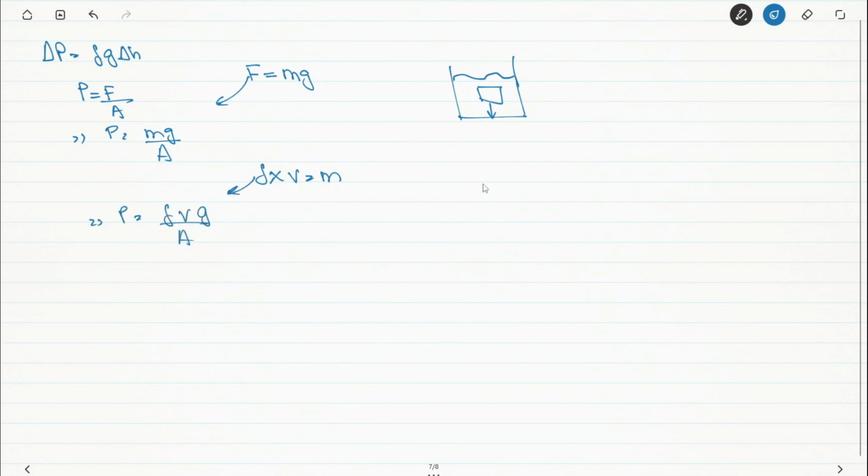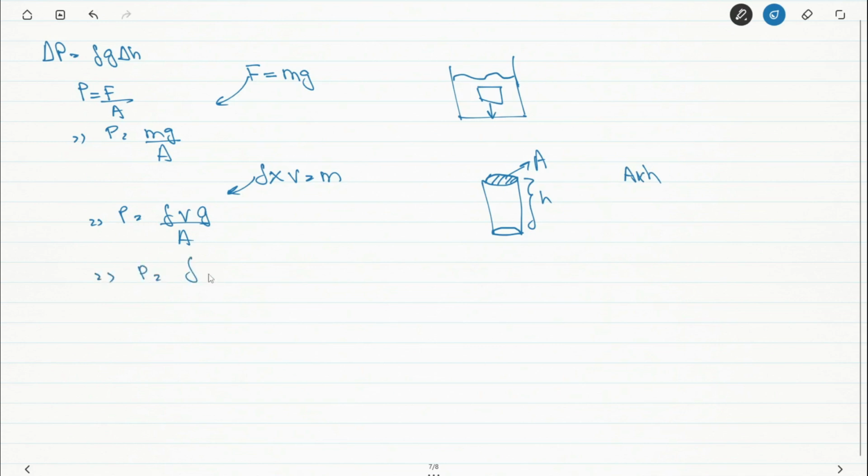Now, for example, take the cylinder. Its volume is base area A times height H. So volume is basically A times H. So plug this in here.